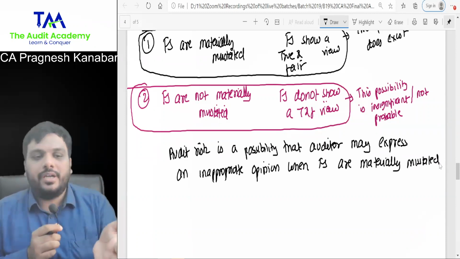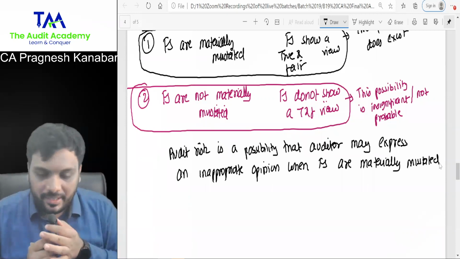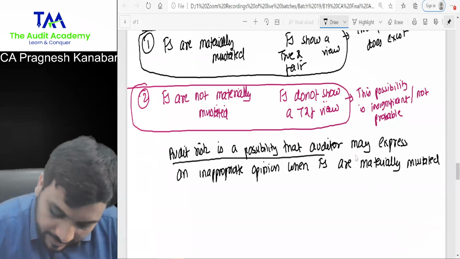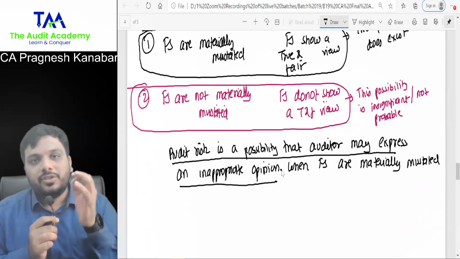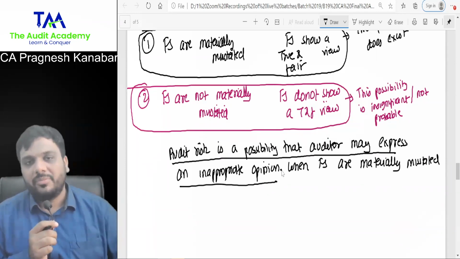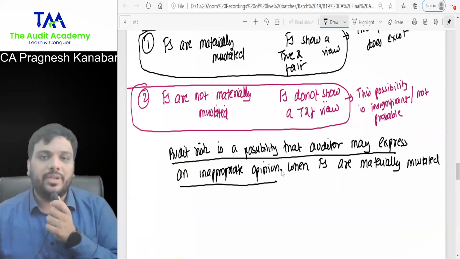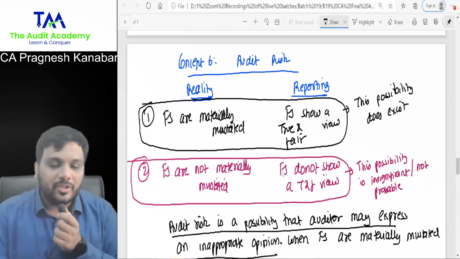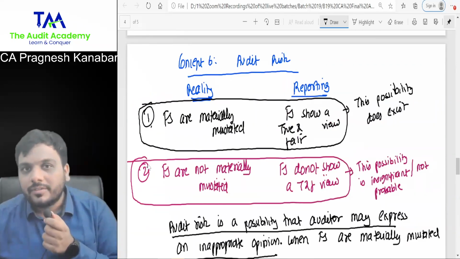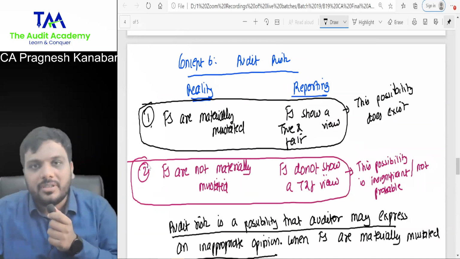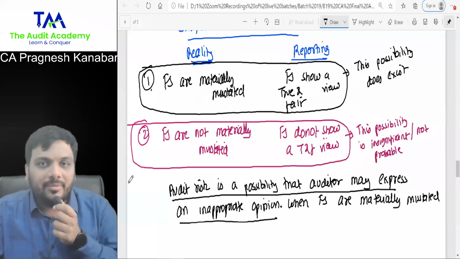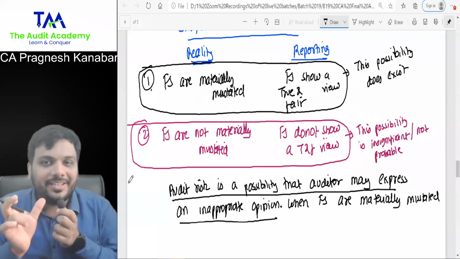Most of the students commit the mistake that they just write this much. They put a full stop over here. If you just write that audit risk is a possibility that auditor may express an inappropriate opinion, that means you are covering both the possibilities, possibility 1 and 2 both. But that is wrong, because possibility 2 is just not practically possible. So tell me, what is the full definition?